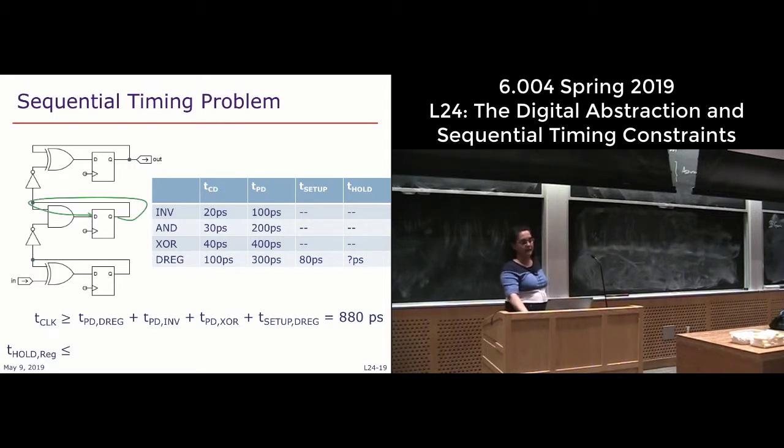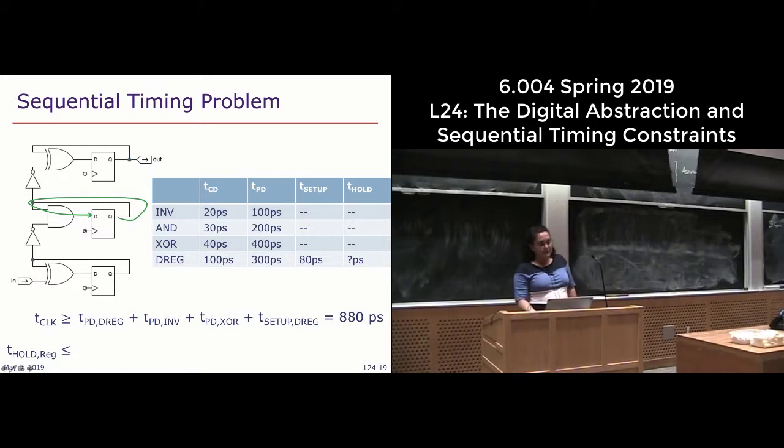That's exactly right. The second register going back to itself has a contamination delay of the contamination delay of this register plus the contamination delay of this AND gate. If you look at any other register-to-register path, the contamination delay is going to be greater than that.